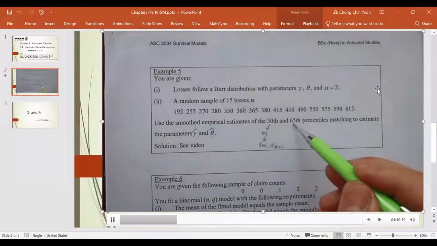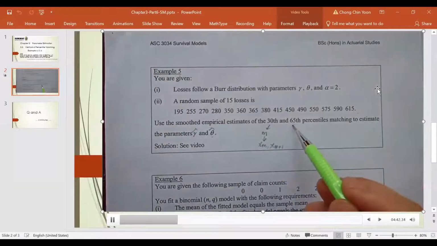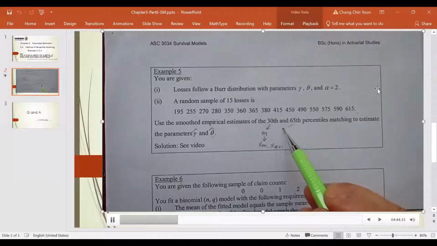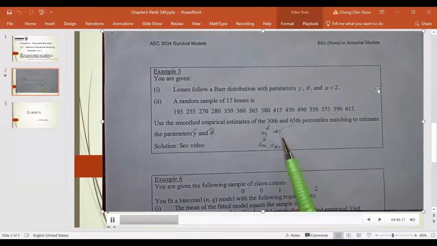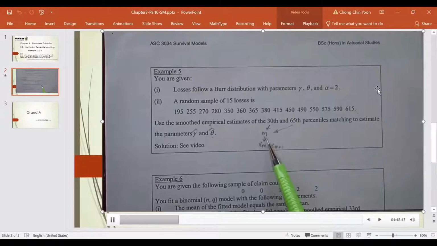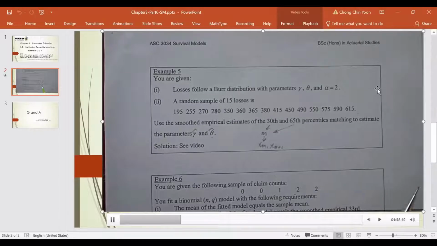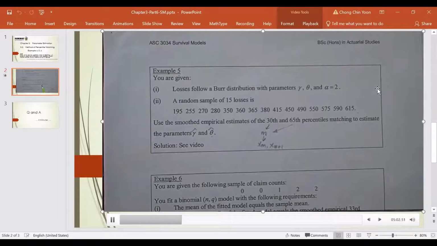Similarly, under this 65th percentile, we have to find the integer m, and after that we try to find the m-th observation and the m plus 1 observation. From there, you will use the CDF and you will have two equations, and you solve the simultaneous equations, you will have the result of gamma and theta. Here we go.